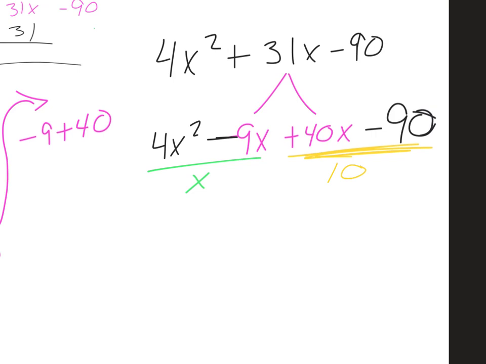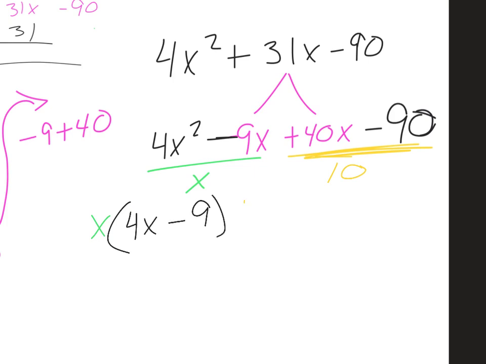You write out the thing that's left. Yep, so what's going to be left over? 4x and negative 9. Yep.